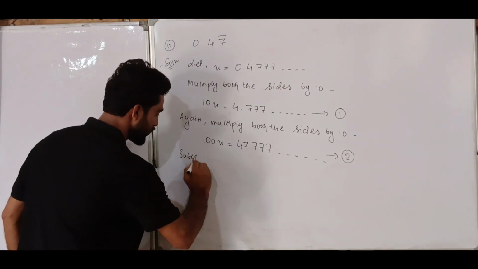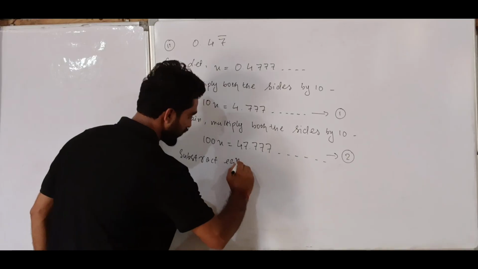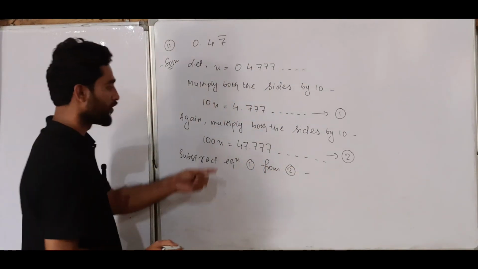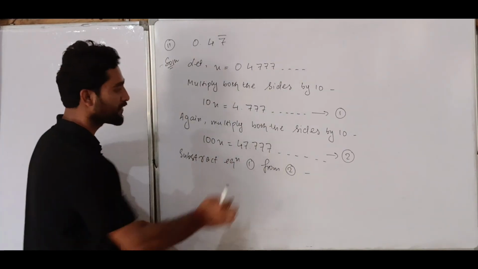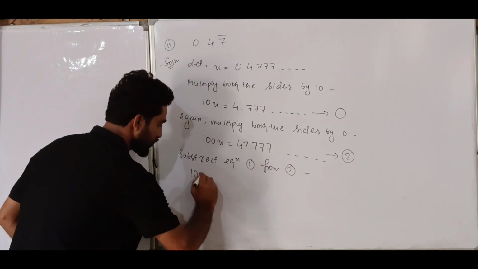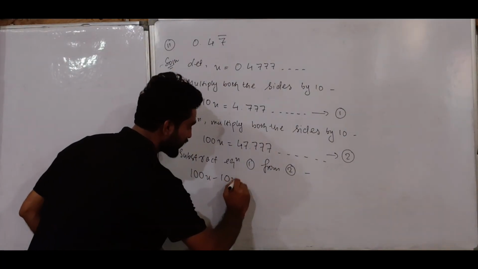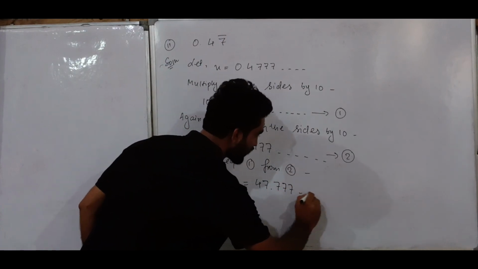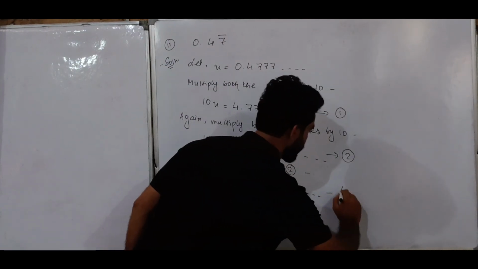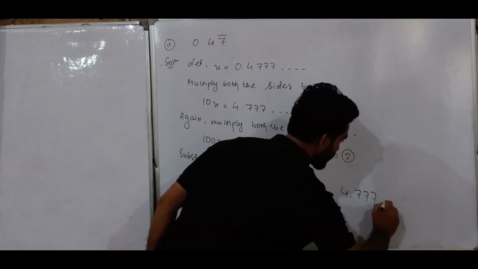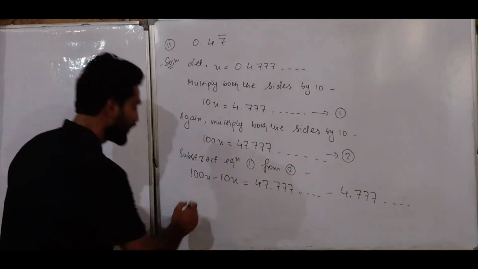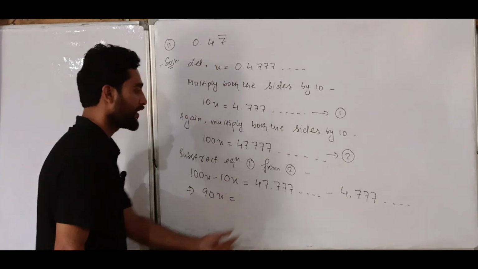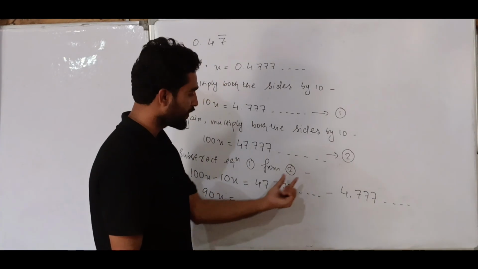Now we will subtract equation 1 from equation 2, that means 2 minus 1. So 100x minus 10x is equal to 47.777 dot dot minus 4.777. Now 100x minus 10x is 90x.